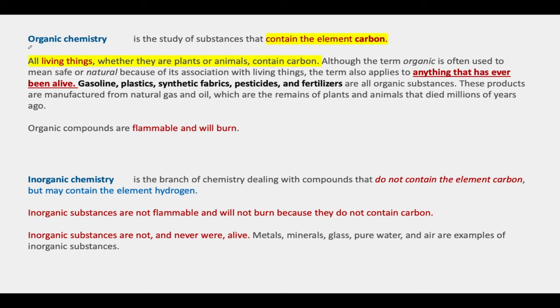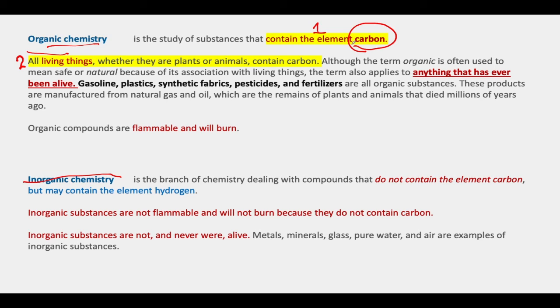So organic chemistry is the study of substances that contain the element carbon. So three things are important: organic chemistry versus inorganic chemistry. And the first one being that there is the presence of carbon. And that second thing is that all living things, whether they are plants or animals, contain carbon.